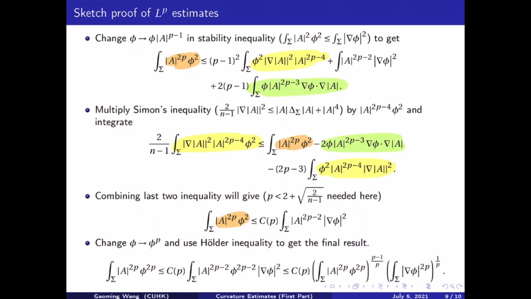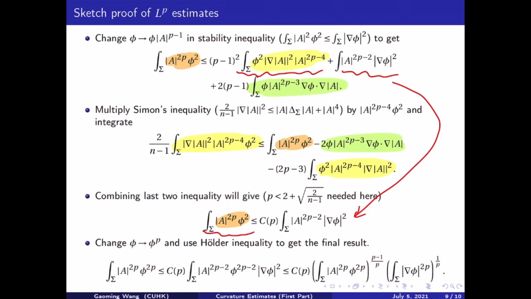They can be controlled by these two terms here by the Cauchy-Schwarz inequality. Almost all of them can be cancelled out if we assume p has this upper bound. Only the L^{2p} term and this term are left. After some careful calculation, we can get this inequality here.